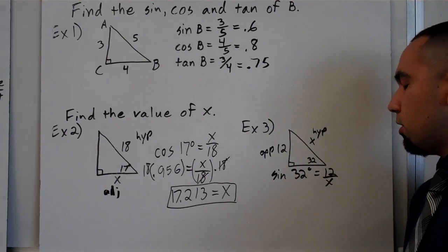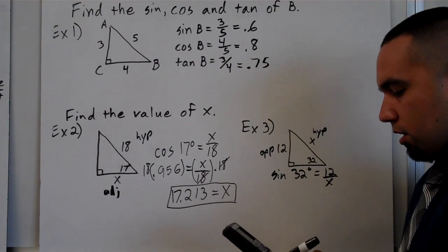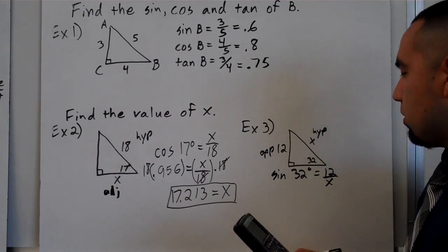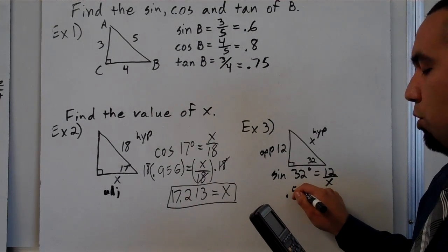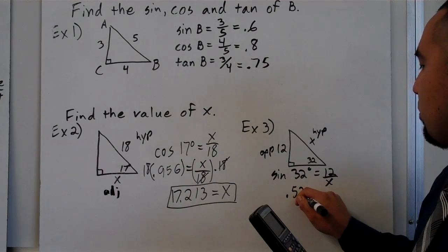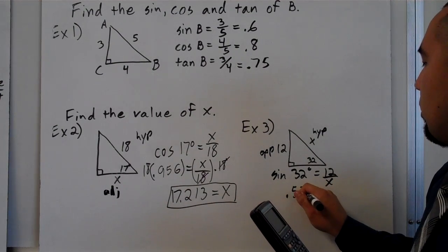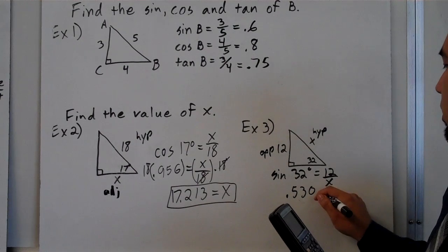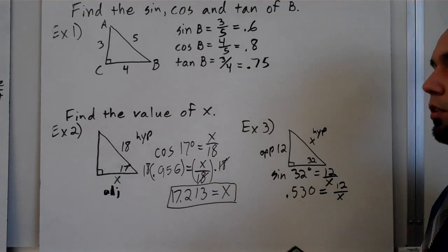Okay, so the sine of 32 degrees, again, I'm going to go to my calculator and say the sine of 32 is equal to, I get 0.5299. So I'm going to say 0.530. And that is equal to 12 over x.